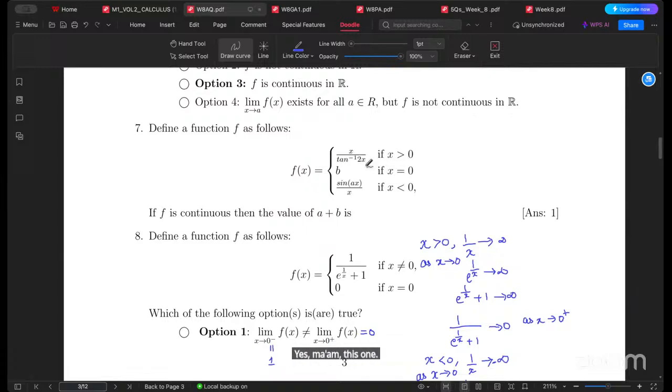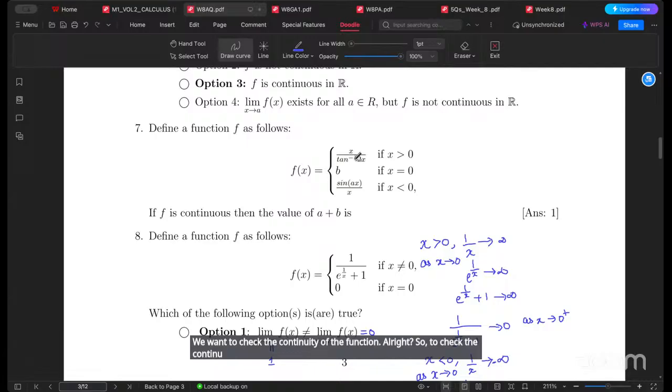Okay, so in this problem we want to check the continuity of the function. It is given that the function is continuous and we want to find the values of a and b.